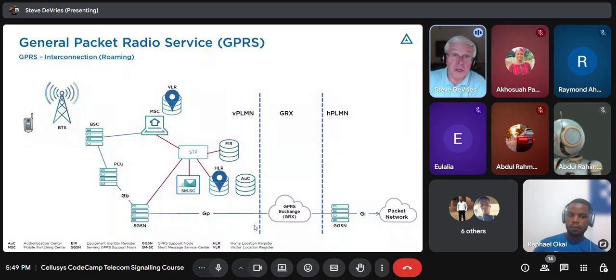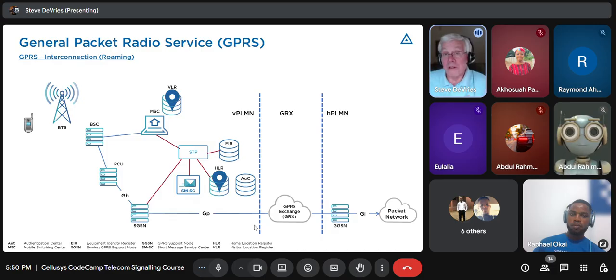You certainly could access a data network from your visited system in Dublin. That's called local breakout. Then this device here would be right here, and you'd access the data network there. And you could do that. But most networks, if not all networks, I'm going to say 95 to 98% of all networks route data back home.